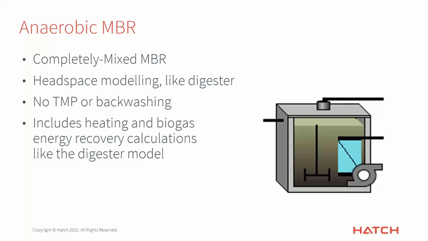But what it does include is the heating and biogas energy recovery model that is part of the digester model. So if you were generating gas and you wanted to investigate what could be a benefit here, what could we capture and get back from that gas production and heat retention, those calculations are available to you.